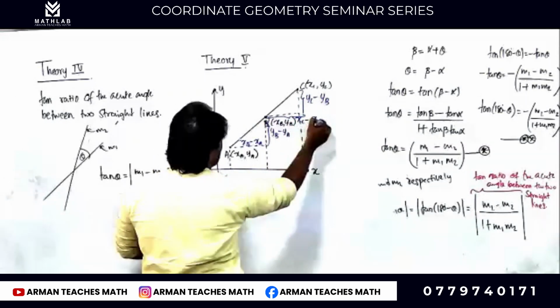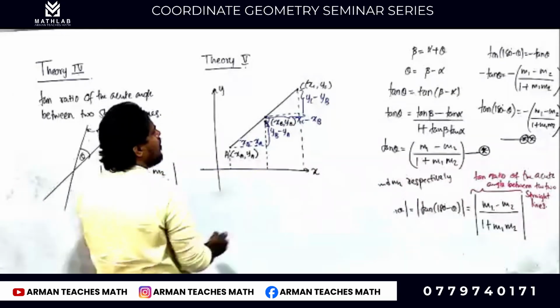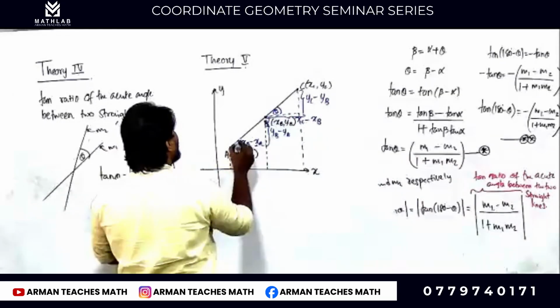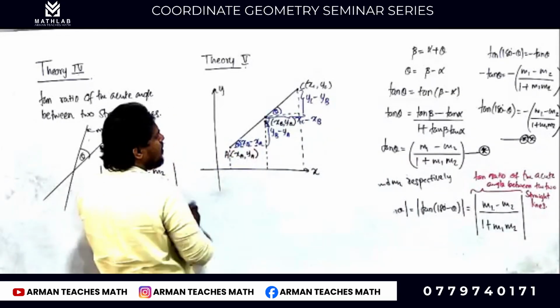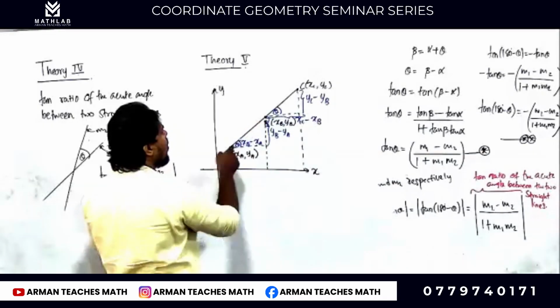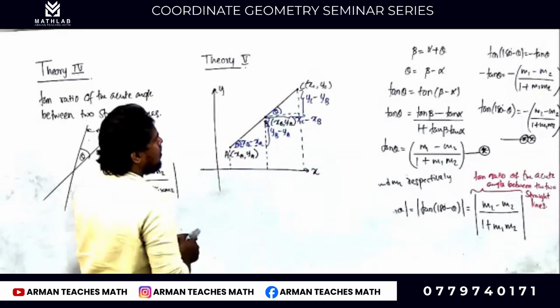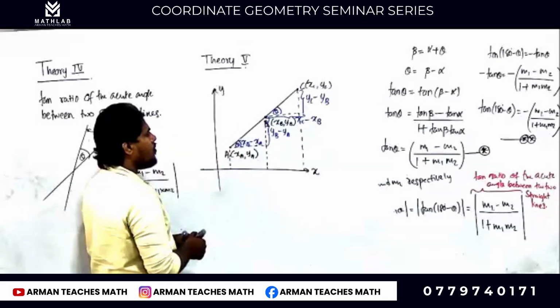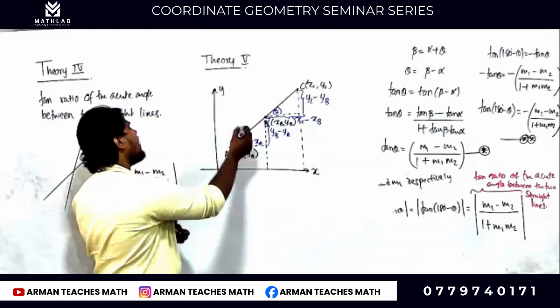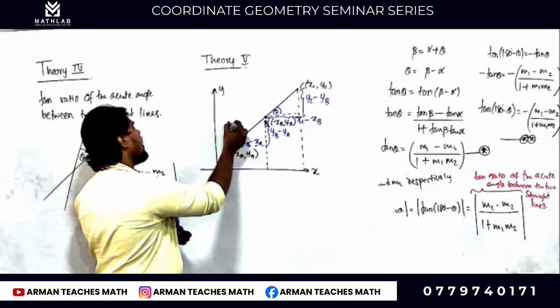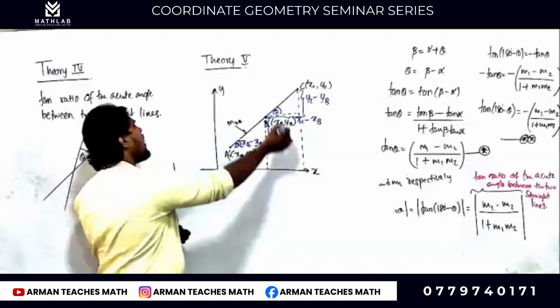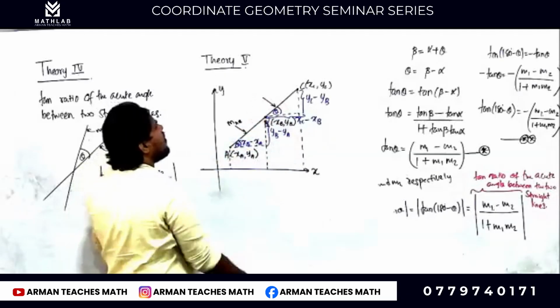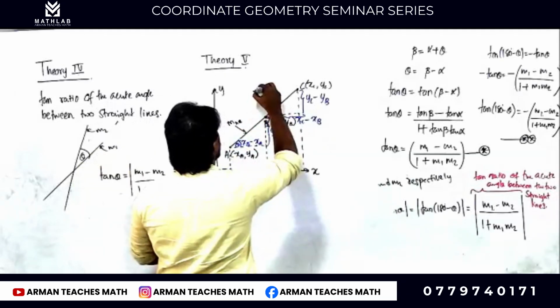XC minus XB. We know that the angle here is going to be the same because these are horizontal lines, parallel lines, alternate angles are equal. So let's take the gradient of this AB part as MAB, gradient of this BC part as MBC.